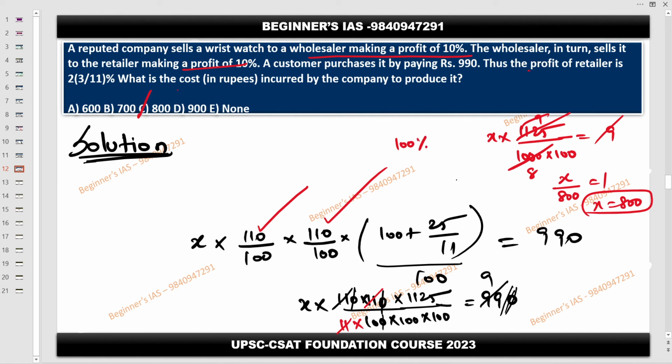Then the profit of the retailer is the selling price with respect to 100% cost price plus 3/11% of profit. Understood? So this is nothing but the selling price. So now 100% plus 3/11 is nothing but 100 plus 25/11. Understood? Yes, sir. Thank you, sir.